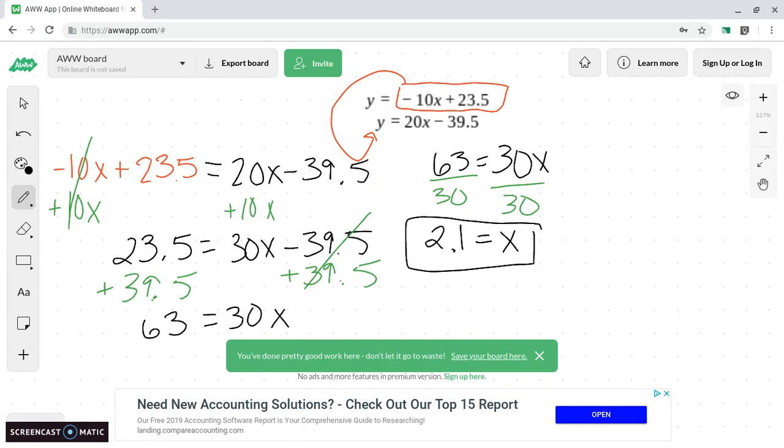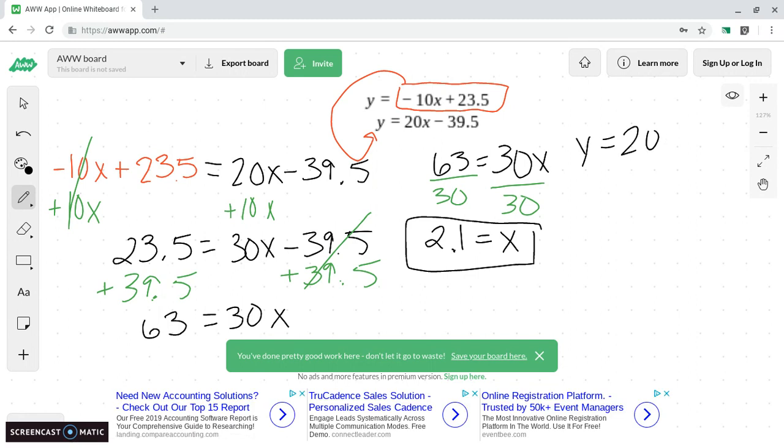It doesn't matter which equation we plug it into. For this one, I'm going to do the second one. So we have y equals 20x minus 39.5. And so we have y equals 20 times 2.1 minus 39.5.